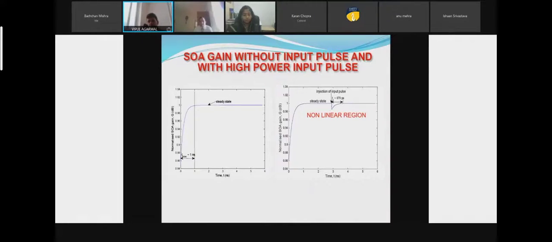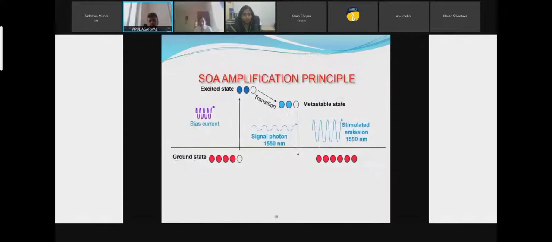Now remember, because of this drop in the gain, there will be a phase shift introduced, which is called self-phase modulation, which can be used in the design of logic gates. So this is the concept of the amplification principle. Remember, the full form of SOA is semiconductor optical amplifier, but here we are not using it as an amplifier, we are using it as a non-linear element.